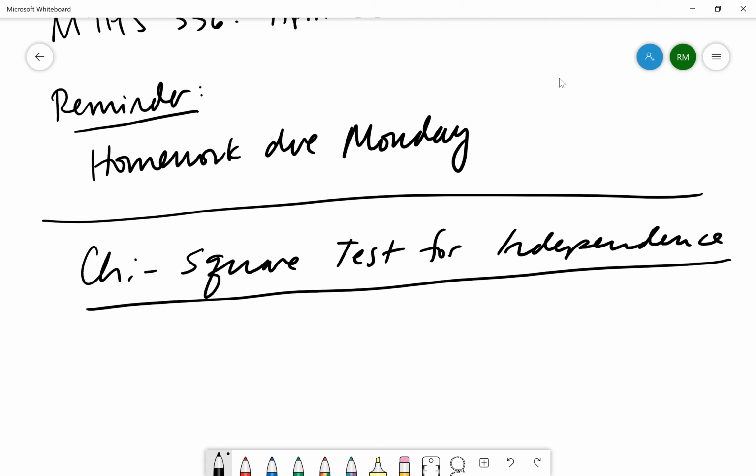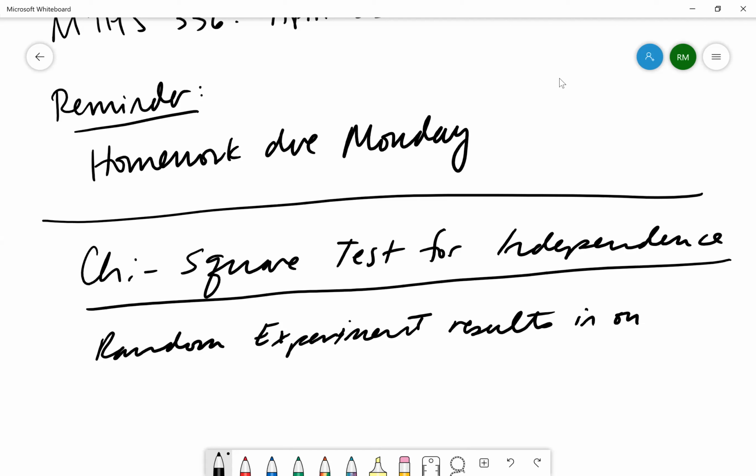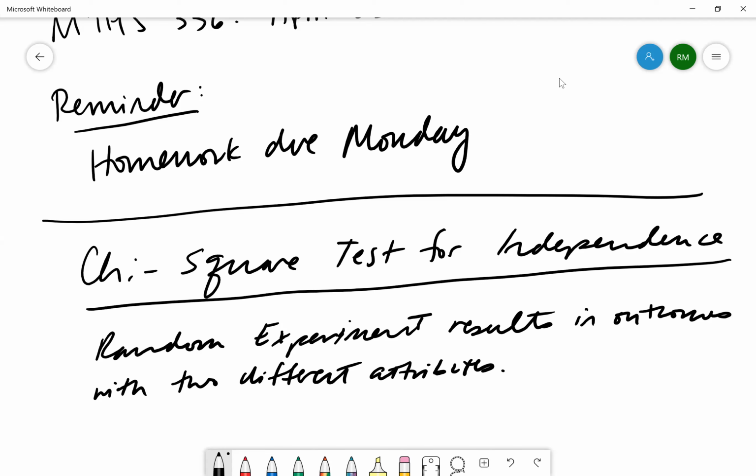So let's get to work. Let's suppose that we have a random experiment that has outcomes that can be classified by two attributes. So we have a random experiment, and it results in outcomes with two different attributes. Maybe it's height and weight.